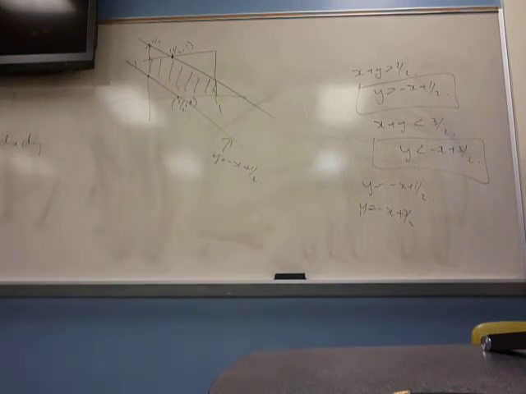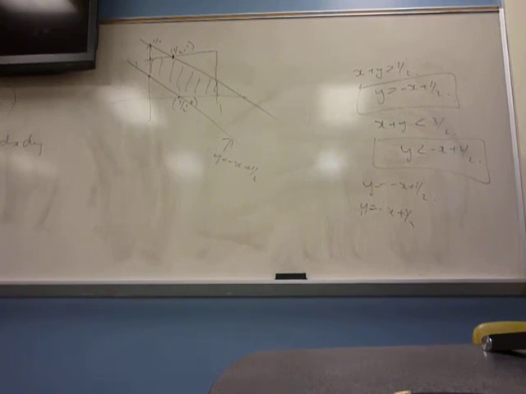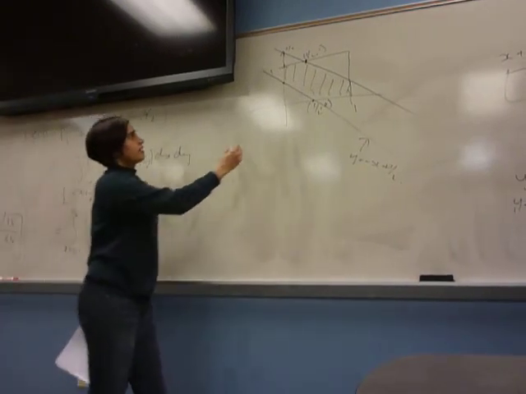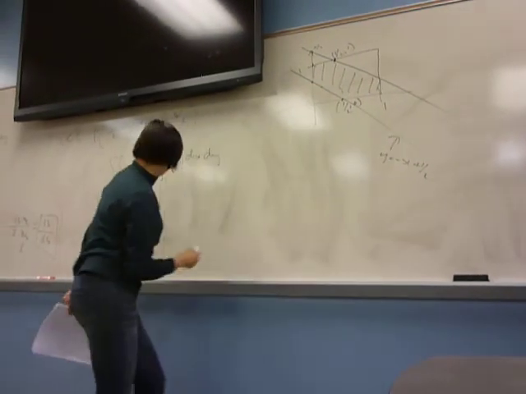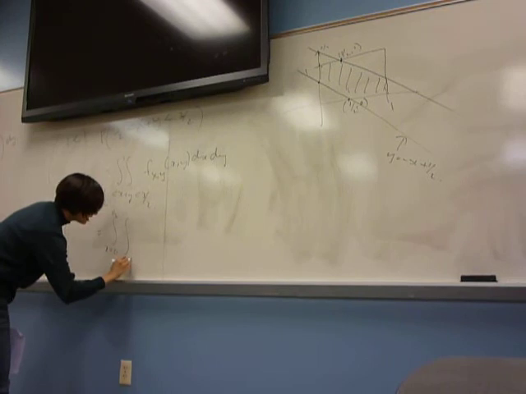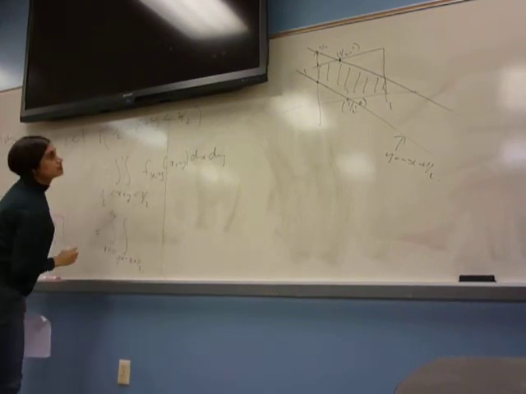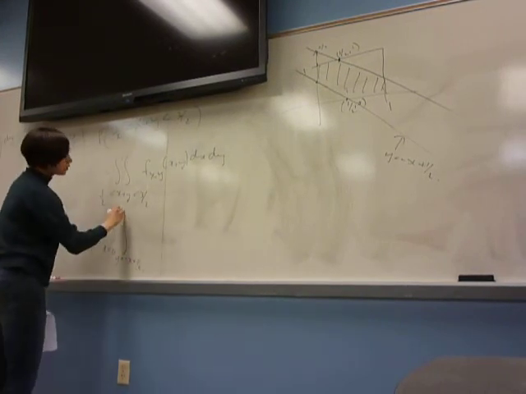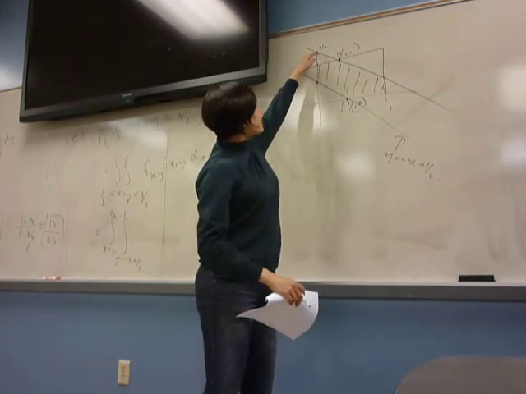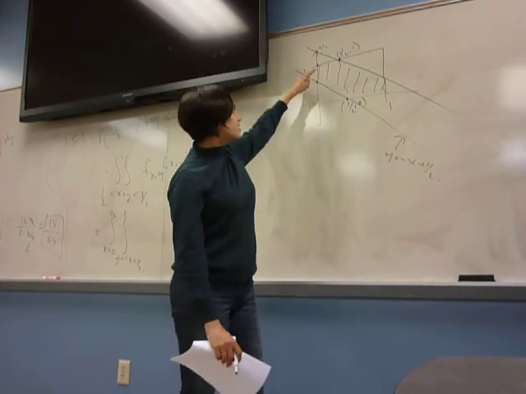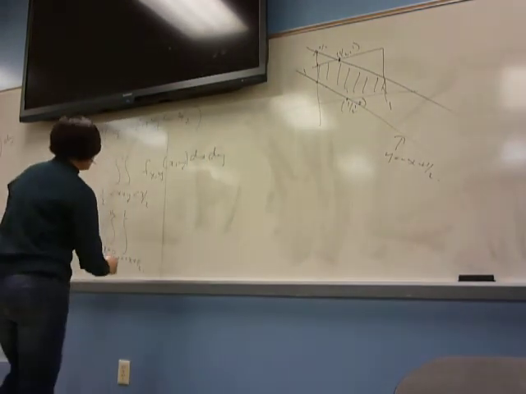So you split this up into 2. As x goes from 0 to 1/2, your shaded region has y going from this line, y equals negative x plus 1/2, all the way to 1. It's not going to the top line, because the top line is outside that shaded region. That's this function.